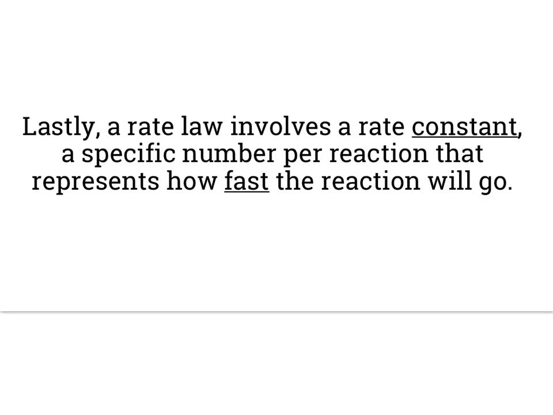Lastly, a rate law involves a rate constant. That is a specific number per reaction that represents how fast the reaction will go. Typically, you're not given this. What you do is you solve for your rate law and basically just take the numbers from one of the trials and plug them in and solve for it.